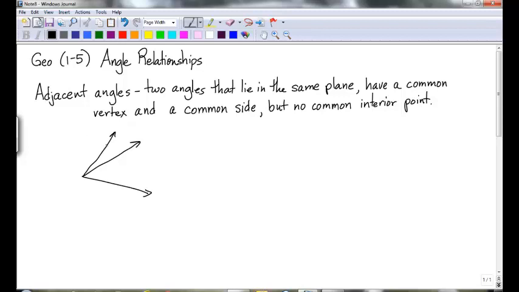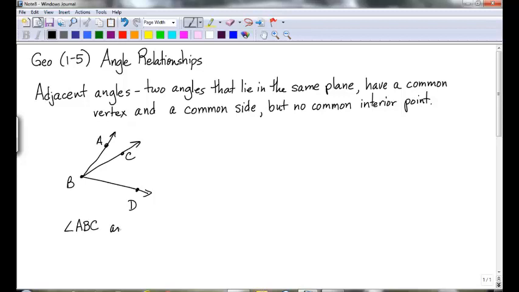Okay, say I label this as point A, the vertex is B, label this as point C, and label this as D. So angle ABC would be adjacent to angle CBD.